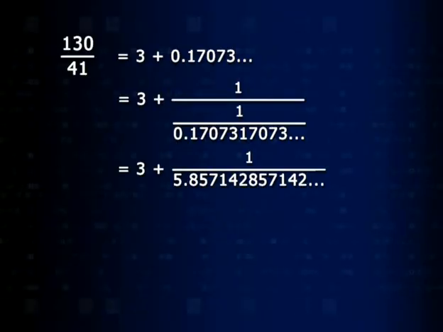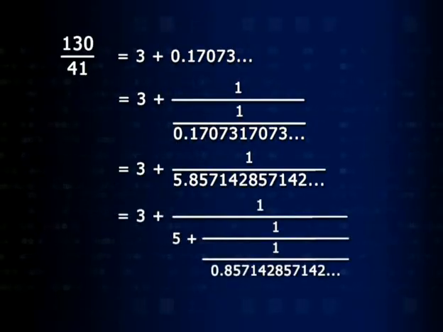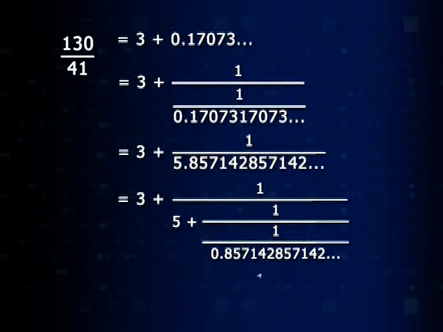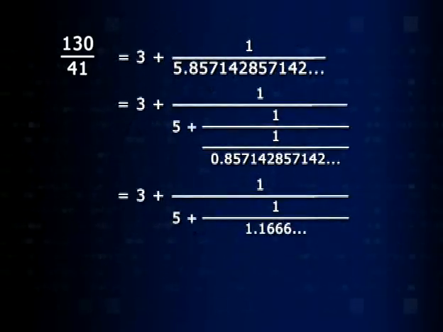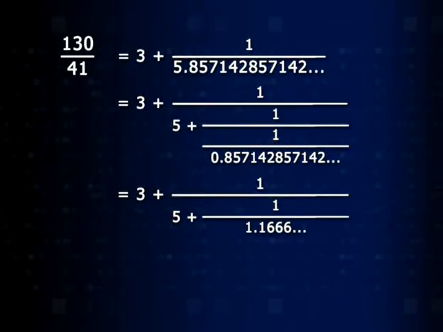Well, now let's pull out that 5. We're going to repeat the process. So pull out the 5, and I see 3 plus 1 over 5 plus 1 over 0.857, and so on. Well, the reciprocal of a small number like 0.8 something is going to be bigger than 1, and in fact, it works out to be 1.166, and so on. So I see that we have 3 plus 1 over 5 plus 1 over 1.1666, and so on.